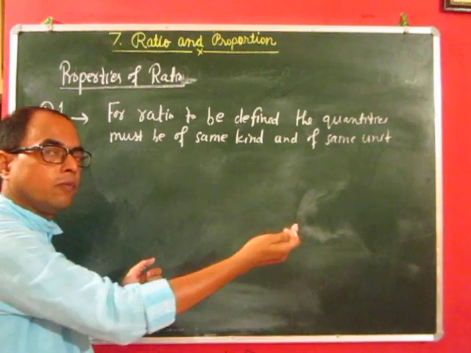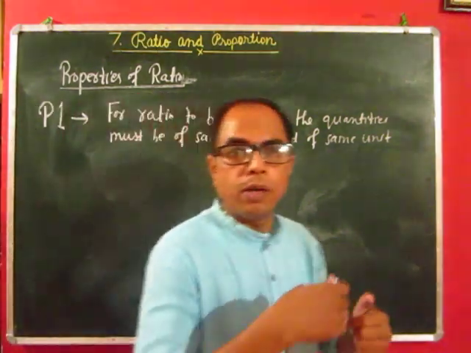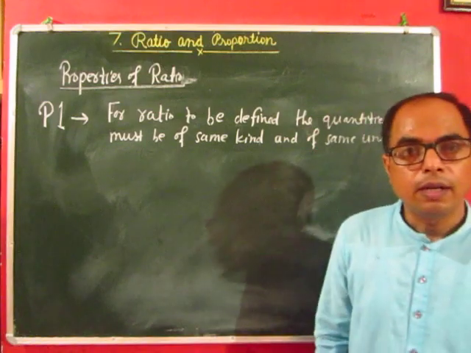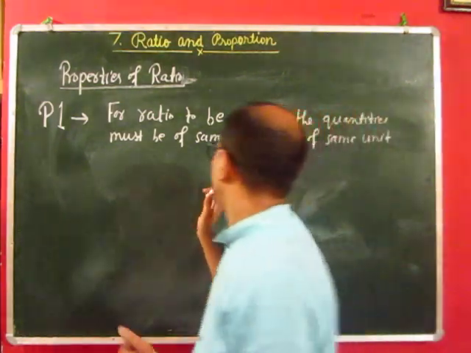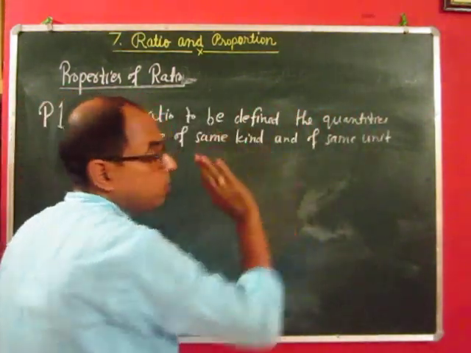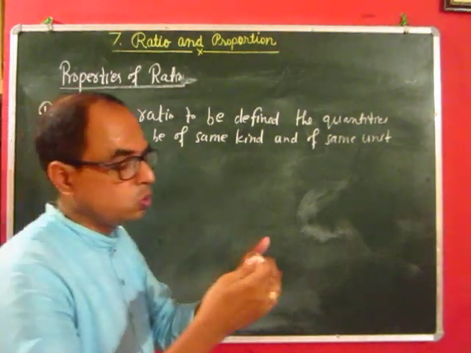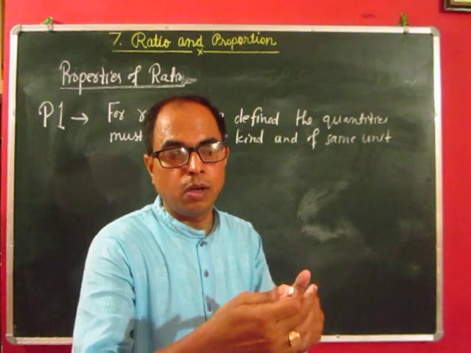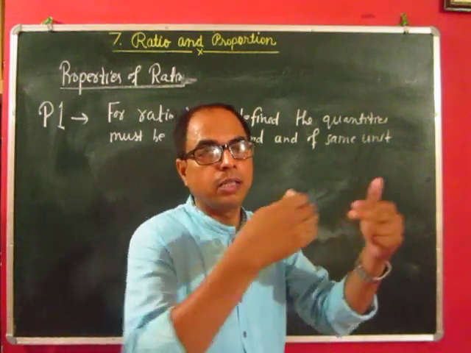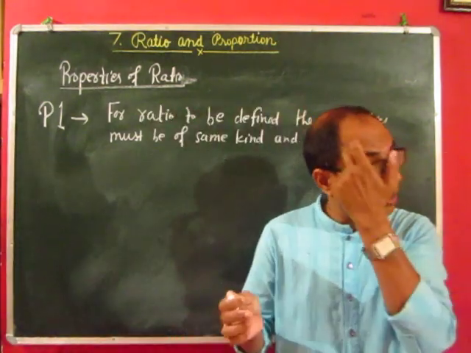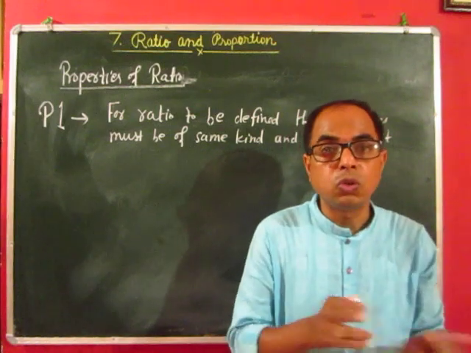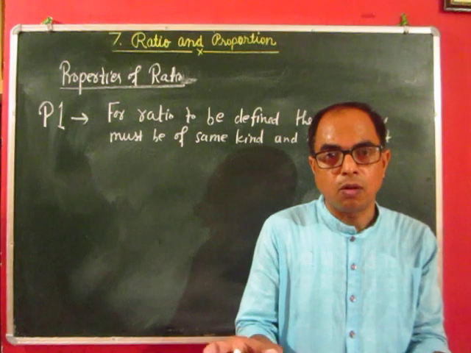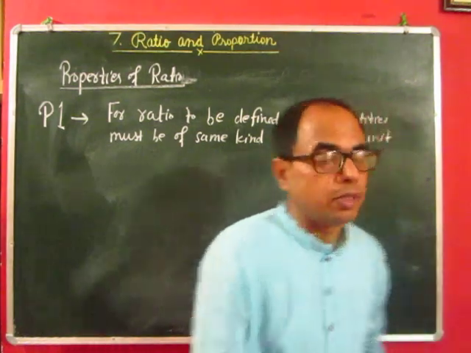Weight can be compared with weight, salary with salary, height with height only. Also both quantities must have the same unit. If you are comparing two lengths, both must have the same unit. If one length is in meters and the other in centimeters, then to find the ratio, the unit of both quantities must be the same. Either both in meters or both in centimeters.